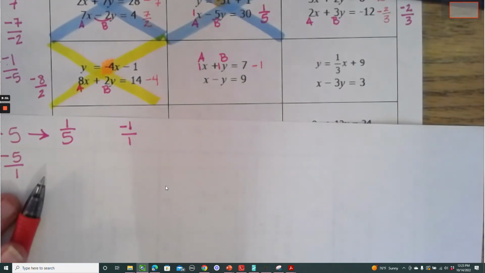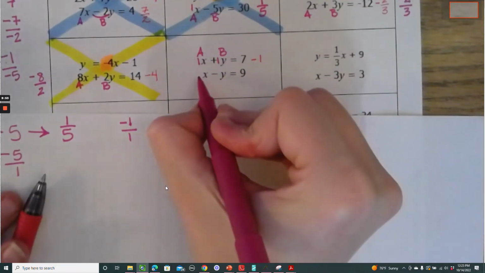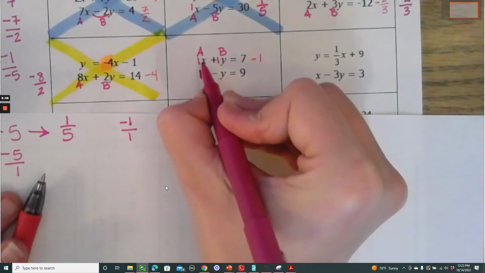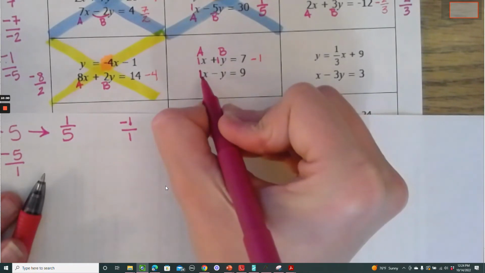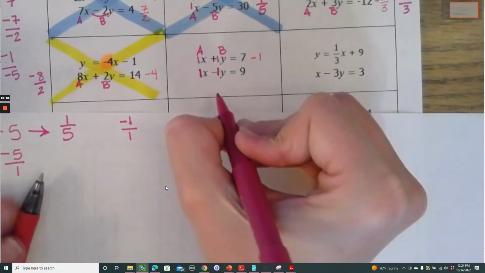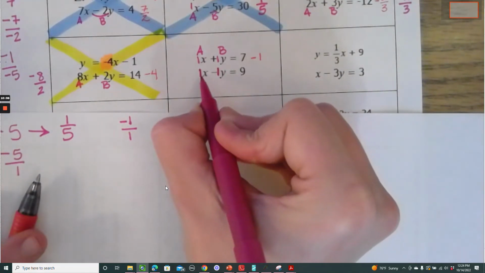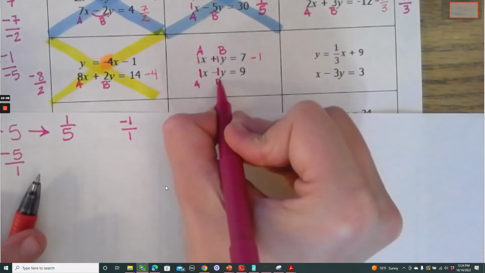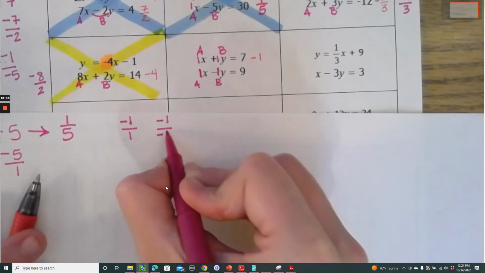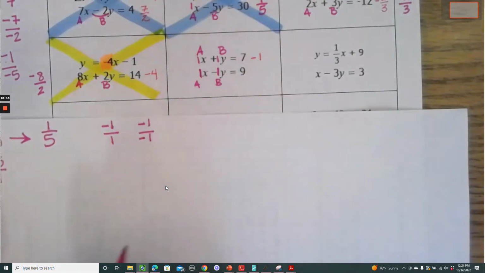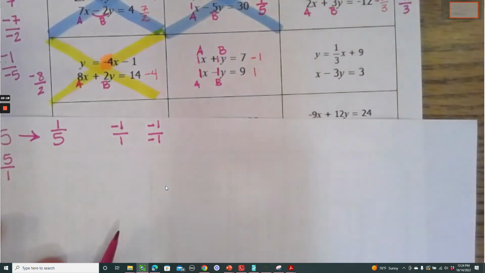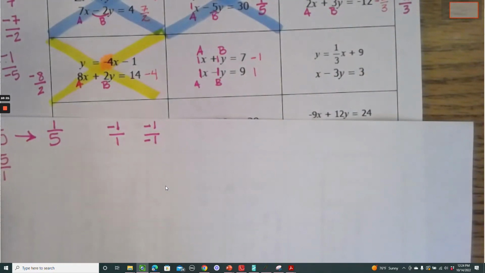No. Is that X not a negative? This one right here? Is it a negative? This X is not a negative. So this y is a negative. Oh yeah, that's what I meant. So, negative A. So here's A, here's B. Negative 1 over B, which is a negative 1. Negative 1 over negative 1 simplifies to a positive 1. And they're opposites. Okay, so they're opposites, but are they reciprocals?